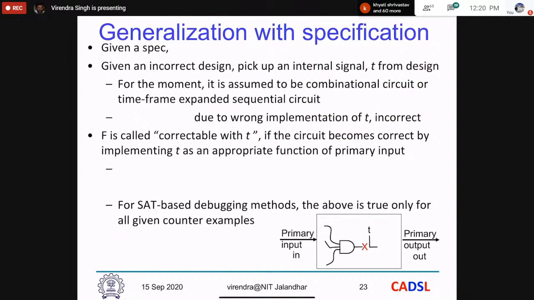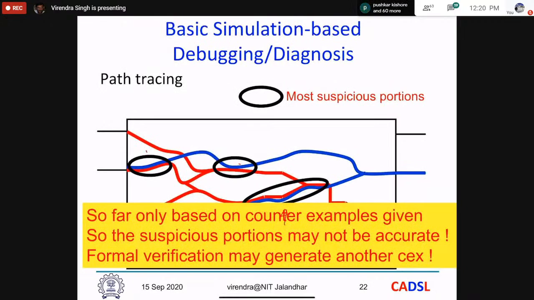So now let's see how I formulate the problem. If I say that there is a problem over here, I have to isolate this net and see whether this portion is correct or not, right?